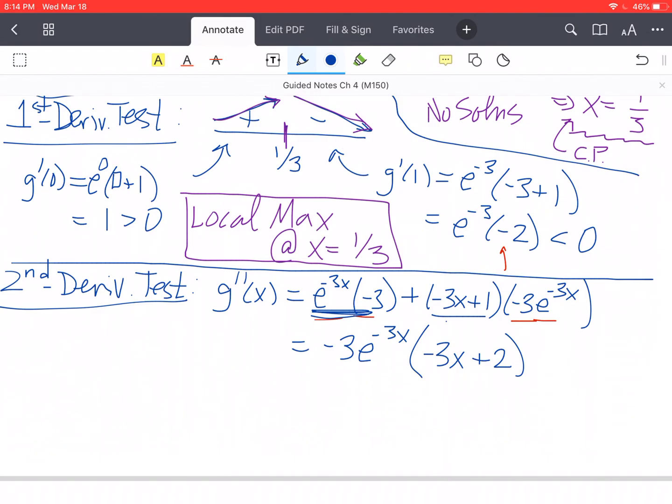So now to test our critical point, we're just going to get g double prime of 1/3. And again, it doesn't even really matter what the number is. All that matters is whether this number is positive or negative. So this is going to give us negative 3e to the negative 3 times 1/3 times negative 3 times 1/3 plus 2.